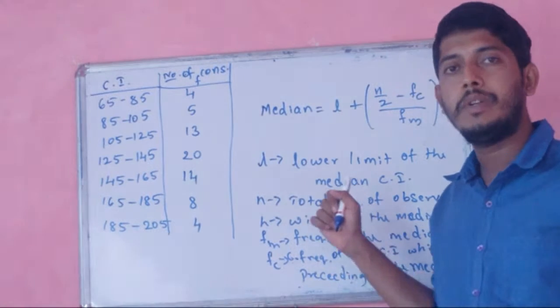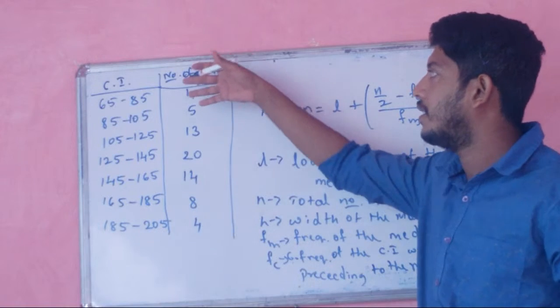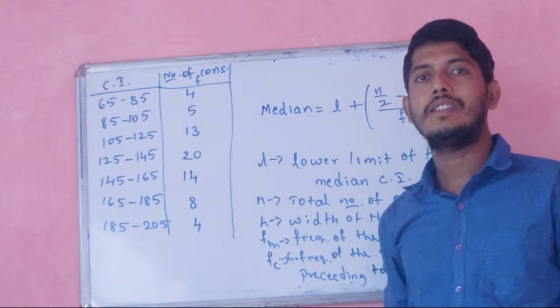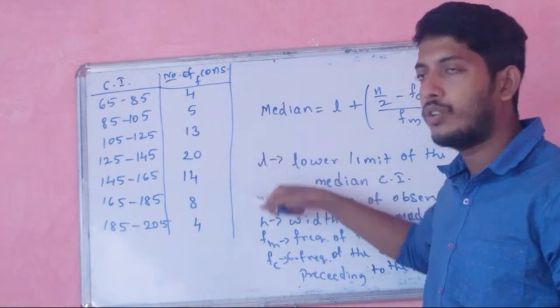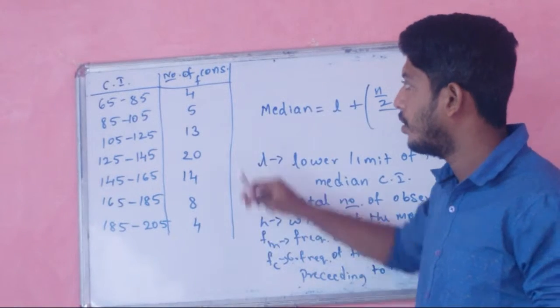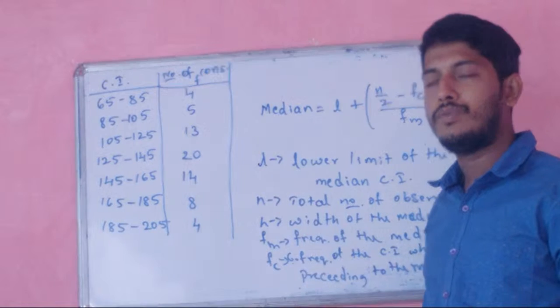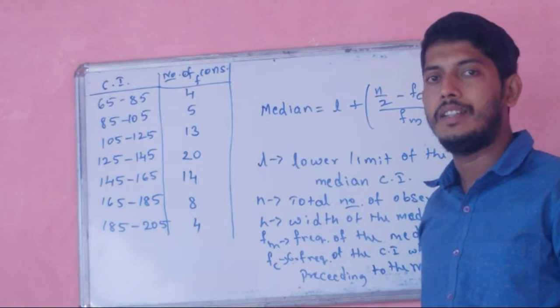Now what is meant by cumulative? Frequency we know: it is the number of observations in that particular class. For cumulative frequency, the first frequency we write as it is, because there is no term behind it.